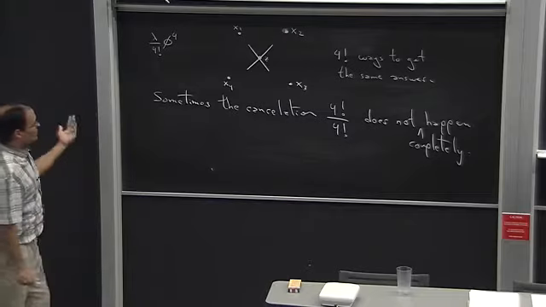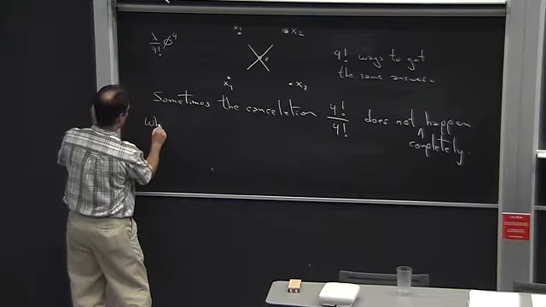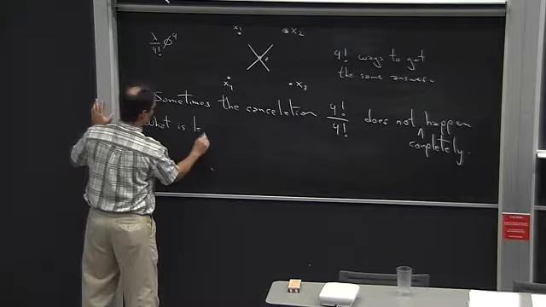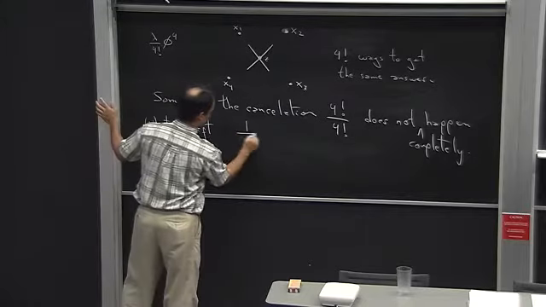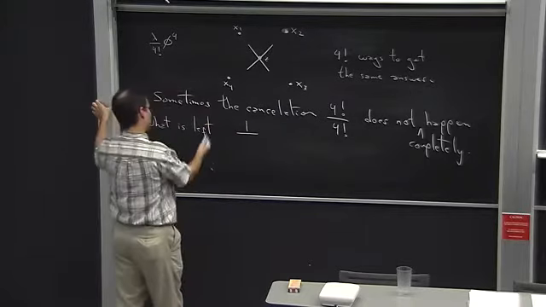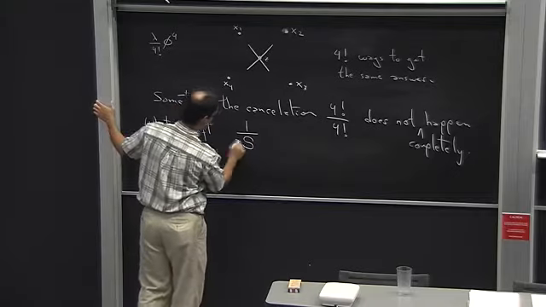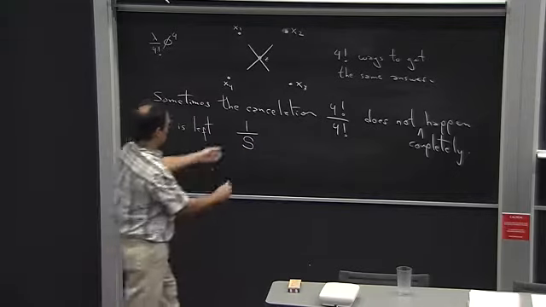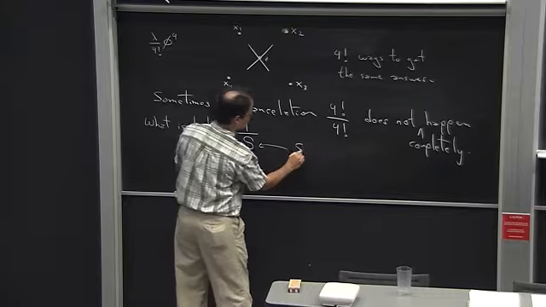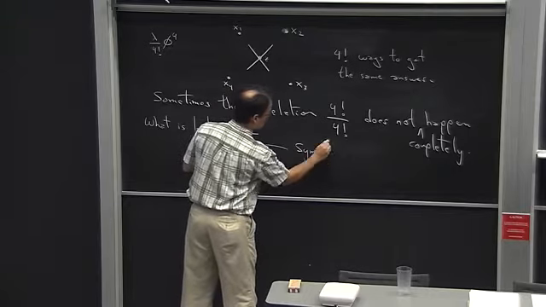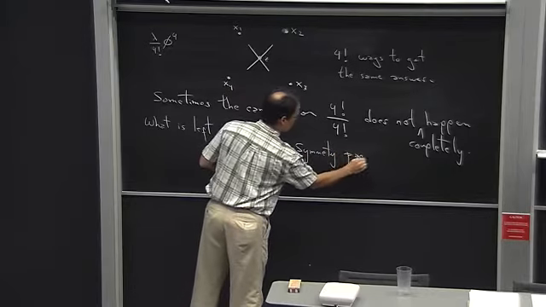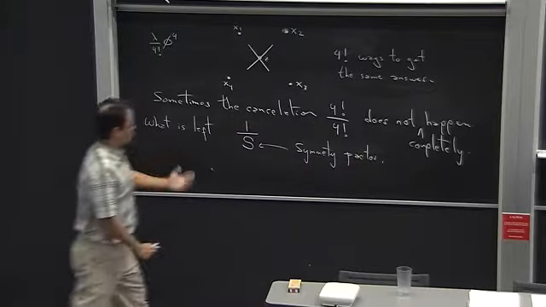Then what is left? People call it S or 1 over S, but this S is called the symmetry factor. So what is this guy?